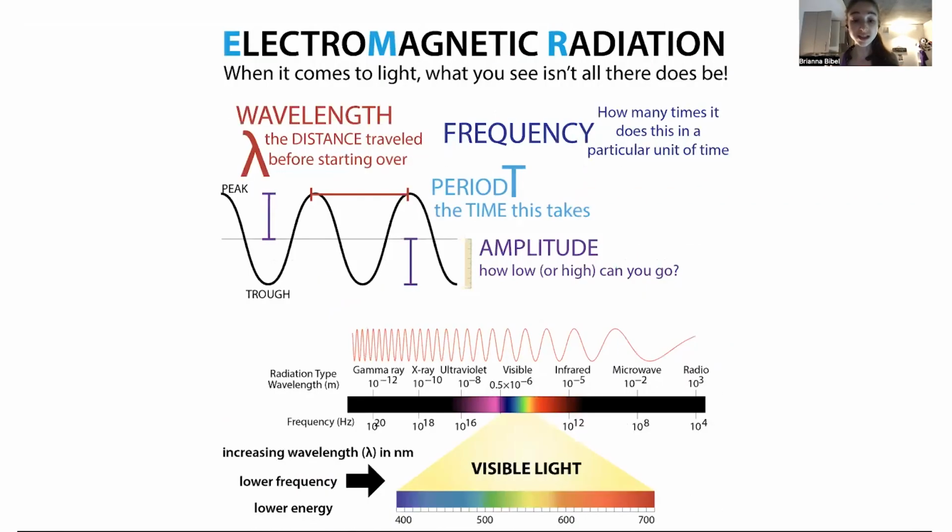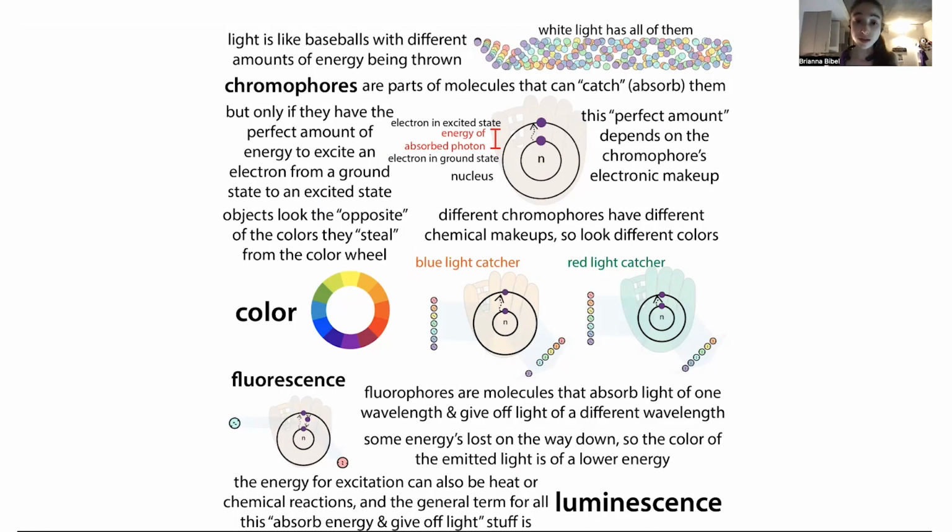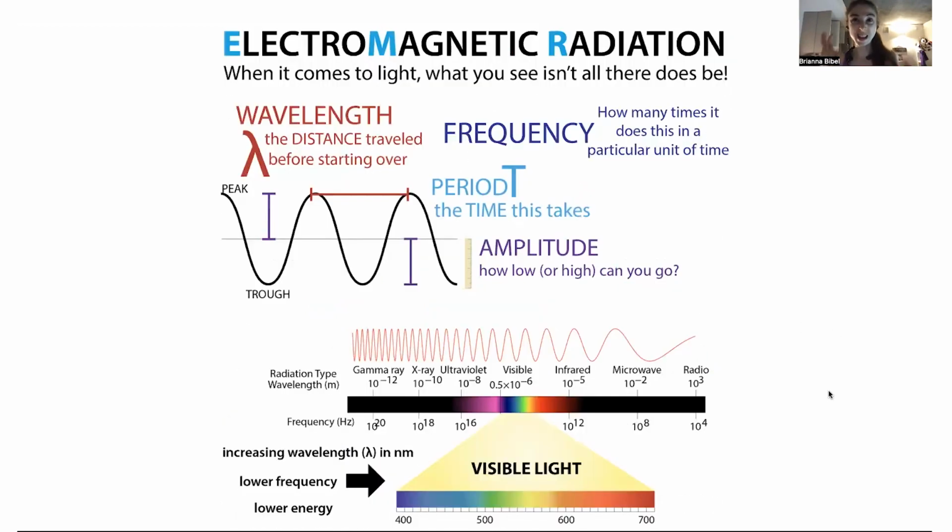Light is just these little packets of energy called photons that are traveling in waves. Visible light is just a tiny portion of the electromagnetic spectrum. Electromagnetic radiation, or EMR, is the term that describes these little packets of energy traveling in waves.